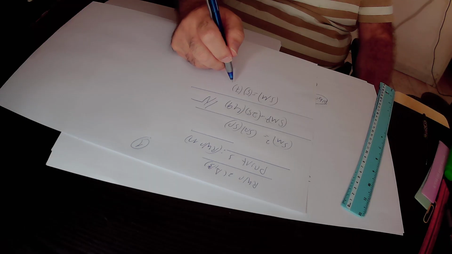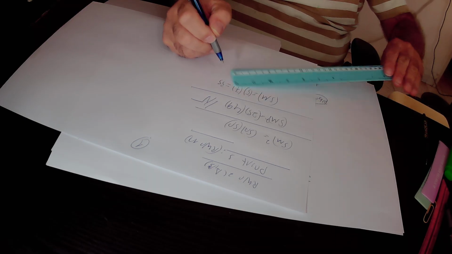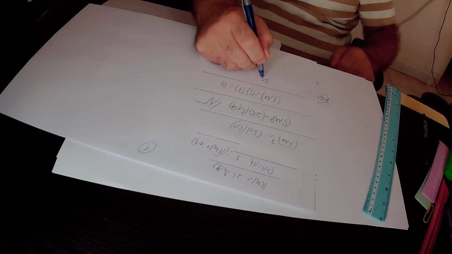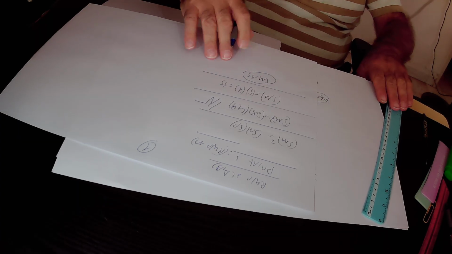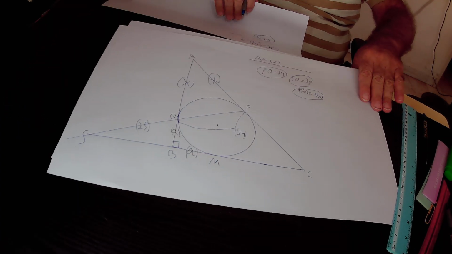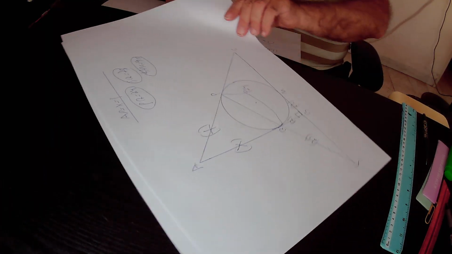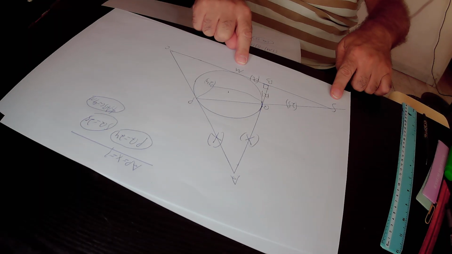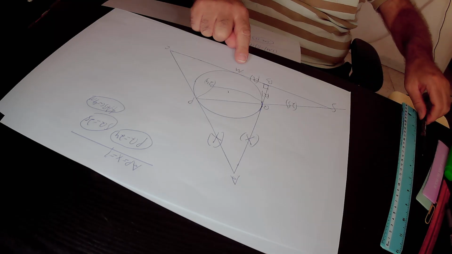So in total, SM equals 5 times 7, that is 35. SM equals 35 units in length. Okay, this tangent SM is equal to 35 units in length.